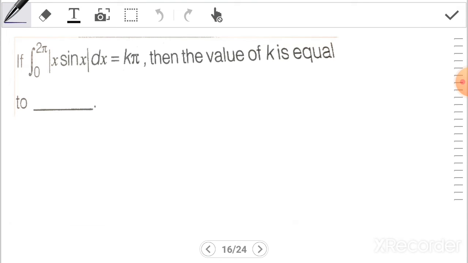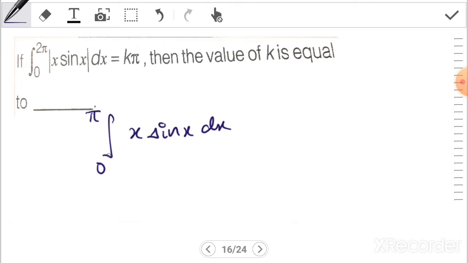0 to 2 pi modulus of x sin x dx equals k pi, then the value of k is equal to. So now let us separate this from 0 to pi of x sin x dx.